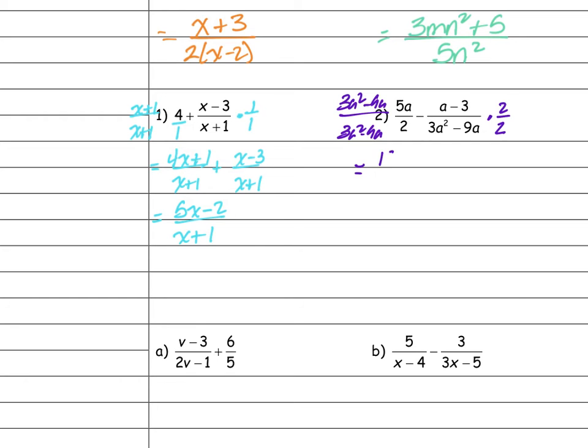So I've got 15a cubed minus 45a squared minus 2a plus 6. So I did the minus through there. All over 2 times 3a squared minus 9a.